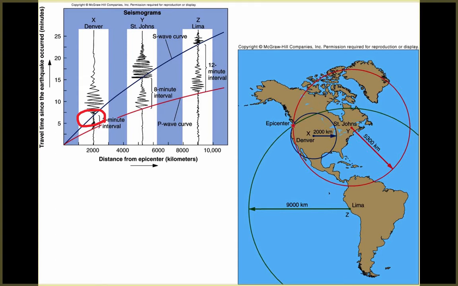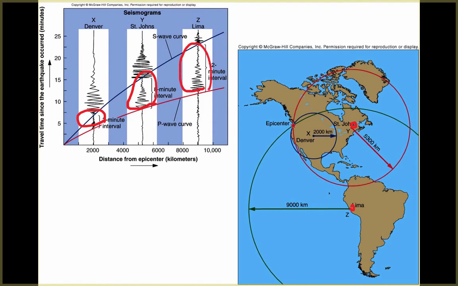We have a recording at St. John's, Newfoundland, and again we see a characteristic time delay between the P and the S arrival. And finally a recording from South America, and again a delay between the P and S arrival.